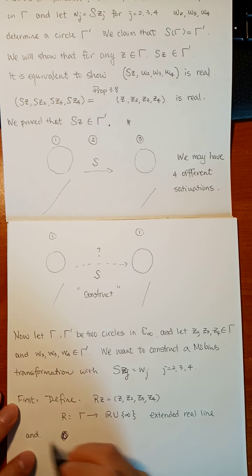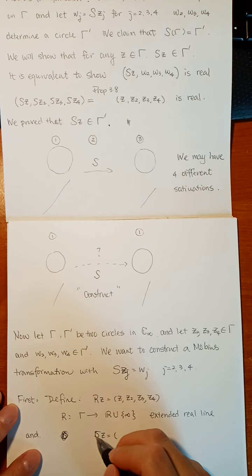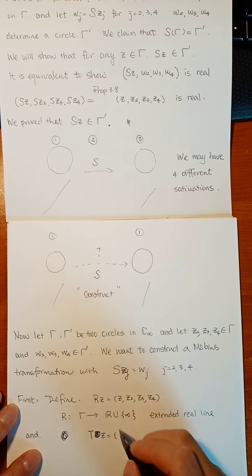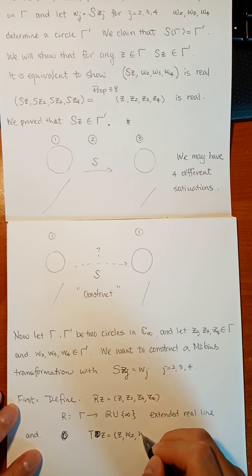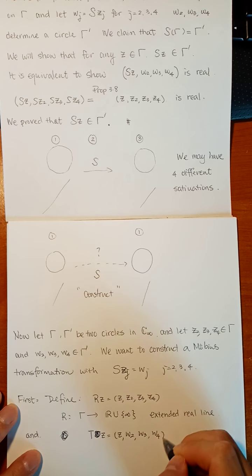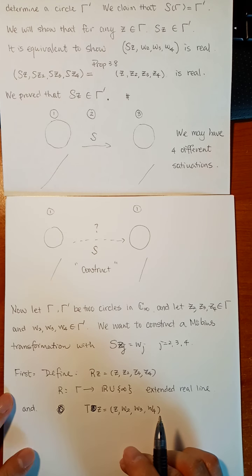And then we define S of Z to be, no, not S, let's use T. T of Z to be the cross ratio of Z, W2, W3, and W4. T of Z is like this.